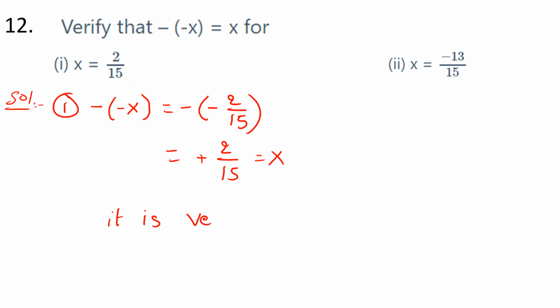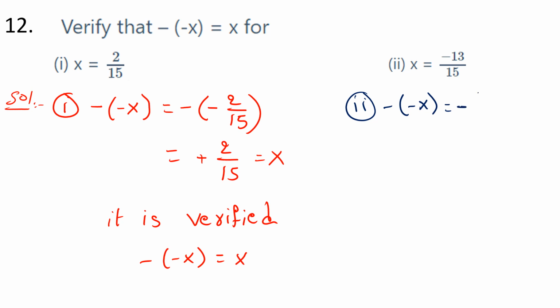So yes, minus of minus x equals x only here. Okay, let us see the second one. In the second one, minus of minus x equals minus of minus, they already given minus again, so minus of minus 13 by 15.